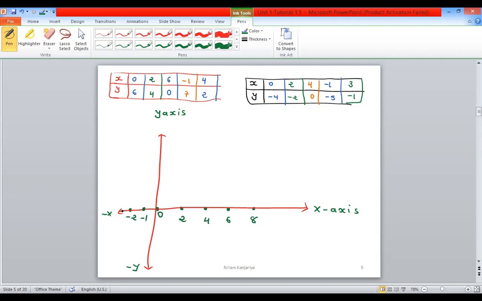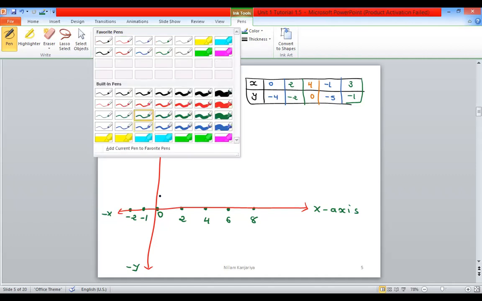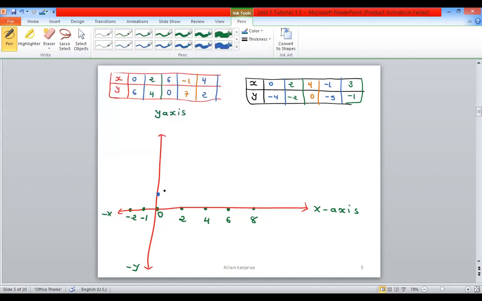Now for the y-axis, look, your y is positive 7 to negative 5. So you can take again 2 point. This is 2, 4, 6 and 8.